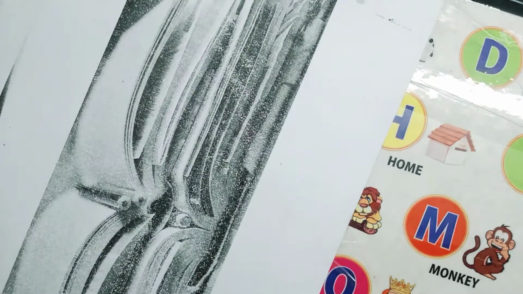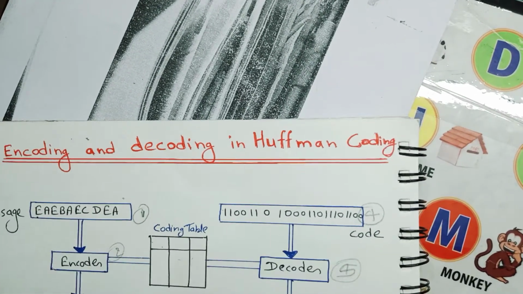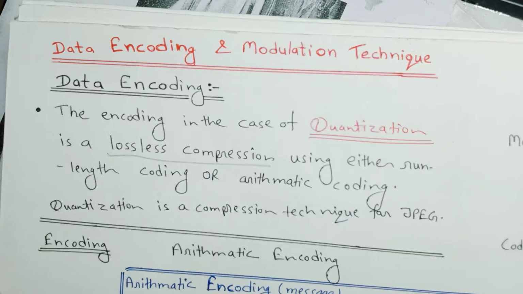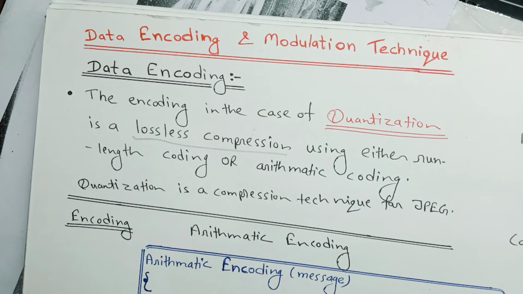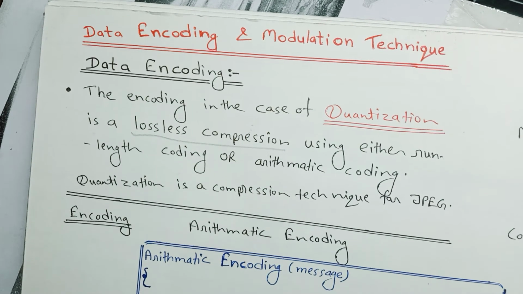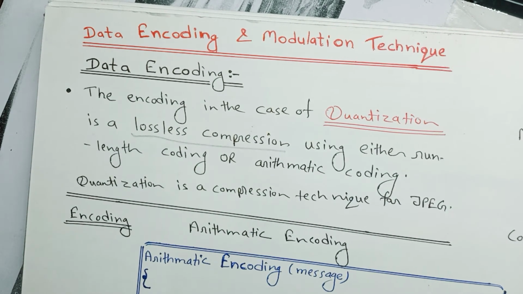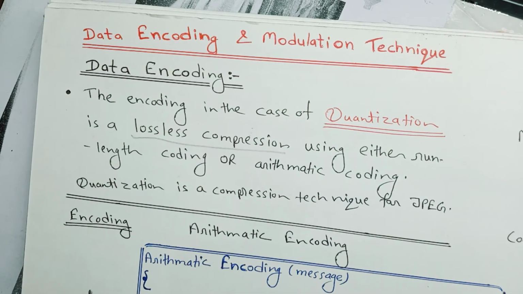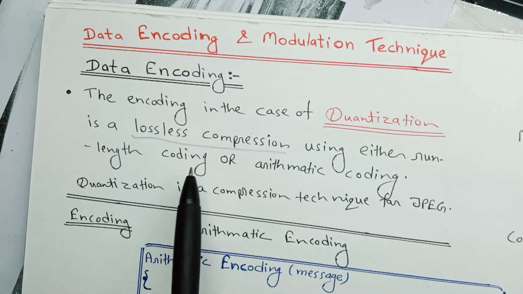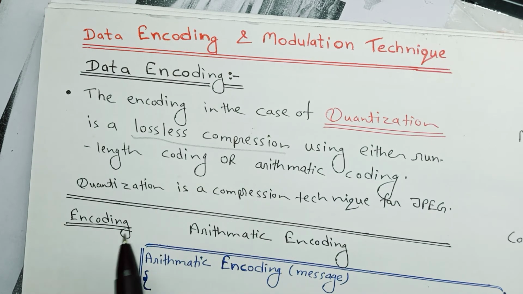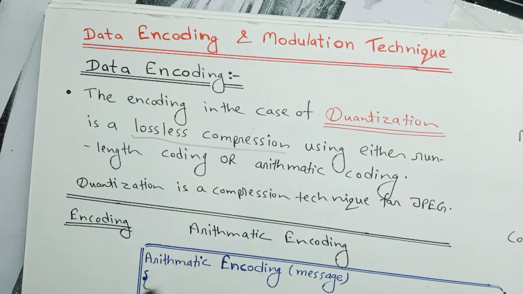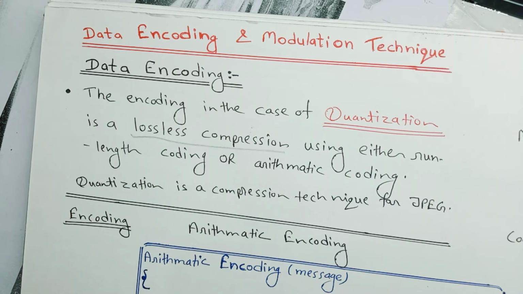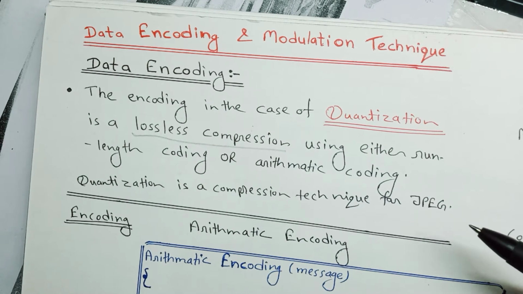Now we will see data encoding and decoding, data encoding and modulation techniques. What is data encoding? The encoding in the case of quantization is a lossless compression using either run length coding or arithmetic coding. Quantization is a compression technique of JPEG.